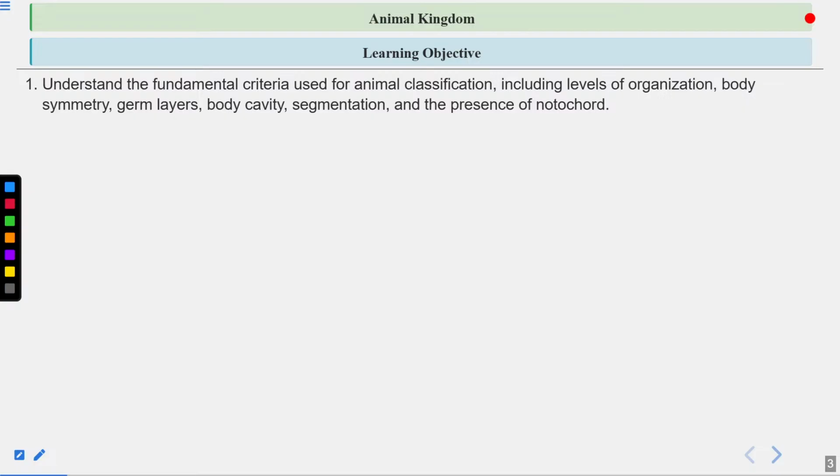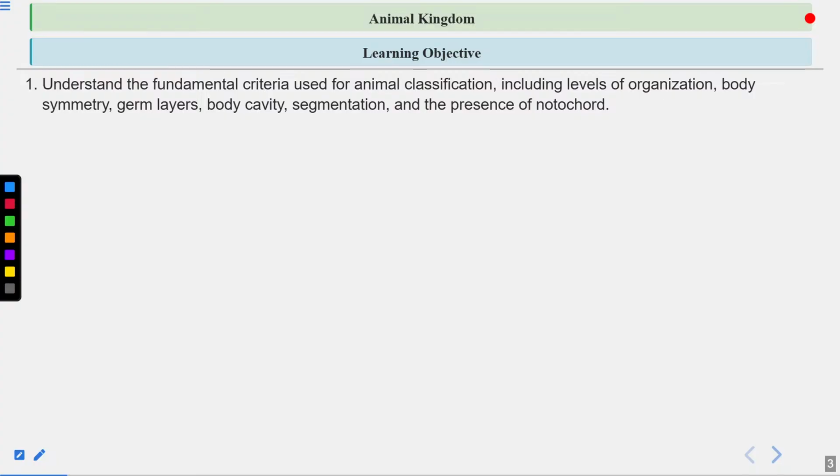To understand the fundamental criteria used for animal classification, including the levels of organization, body symmetry, germ layers, body cavity, segmentation, and the presence of notochord. So these are the fundamental characteristics that we must know if we are studying the animal kingdom, because this becomes the basis of classification.